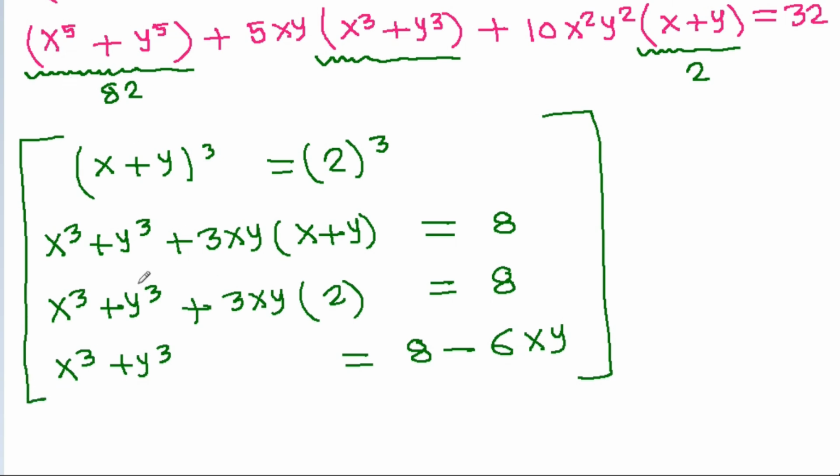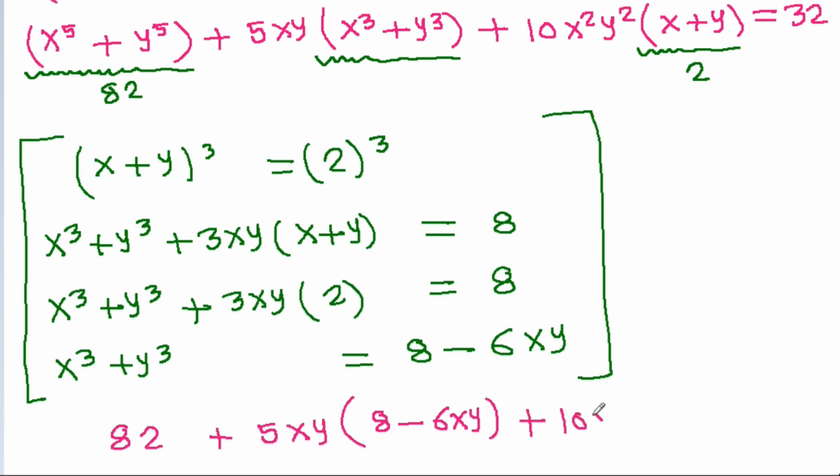So this is 82 plus 5xy times (x cube plus y cube), which is 8 minus 6xy, plus 10x square y square times (x plus y), which is 2, that is equal to 32.